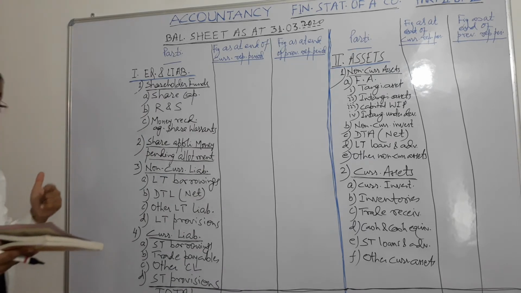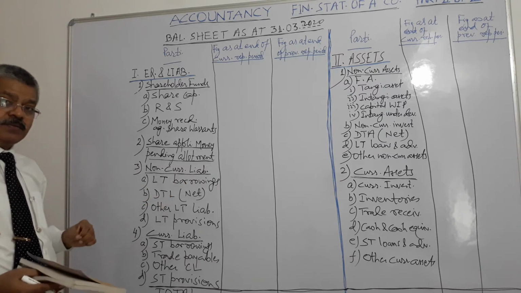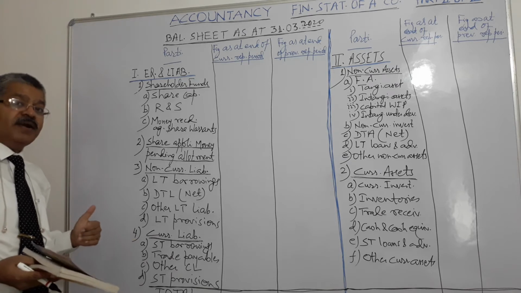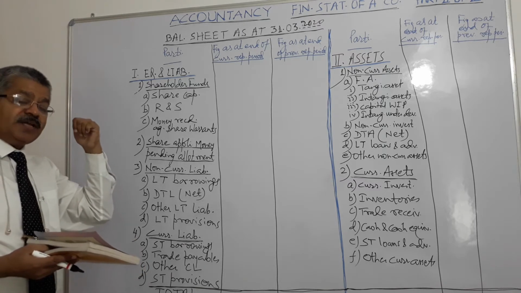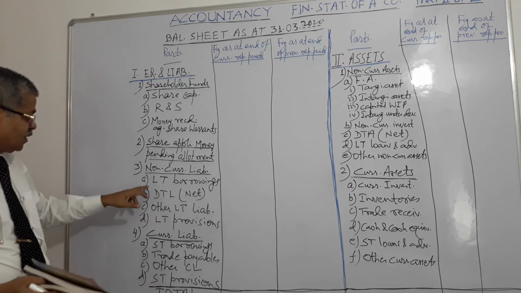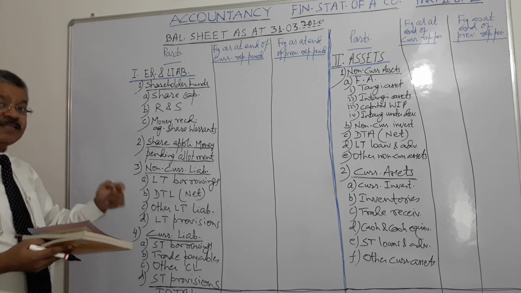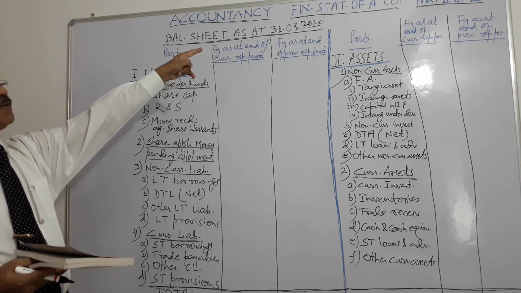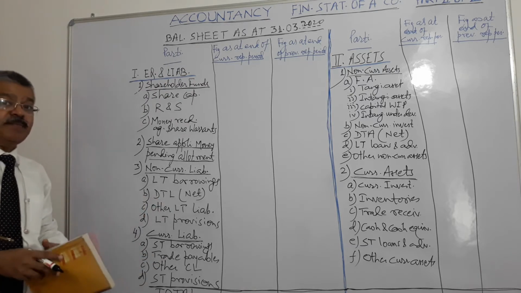And what are the major subheads? Long-term borrowings, right? Suppose a company has availed term loan which is to be repaid over next 3, 5, 7, 10 years. That will come here, non-current liability. It is a liability but doesn't need to be paid within 12 months from 31/3/2020. Deferred tax liability net.